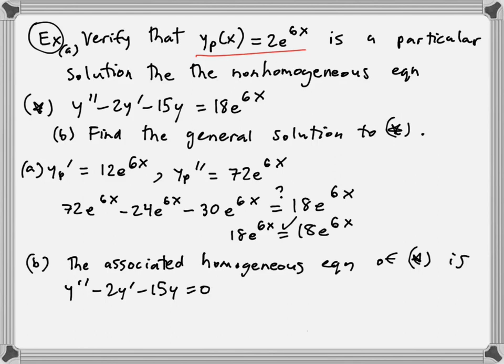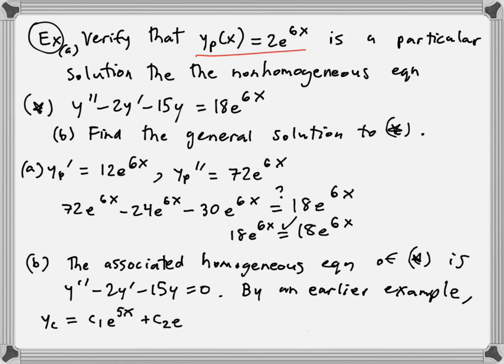And if you recall, we found the general solution to this in an earlier example. So by an earlier example, remember we found this c1 e to the 5x plus c2 e to the negative 3x. That has to be what yc is equal to.